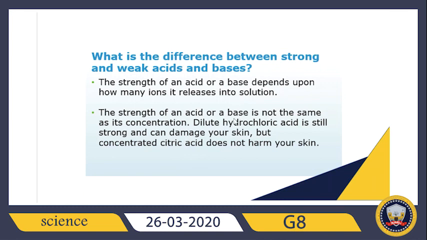Because hydrochloric acid is a kind of strong acid that even if you dilute it, can still damage your skin, and it still will be harmful to your health. But for citric acid, even if you are using a concentrated citric acid, it cannot cause you any damage, or it will not harm your skin.